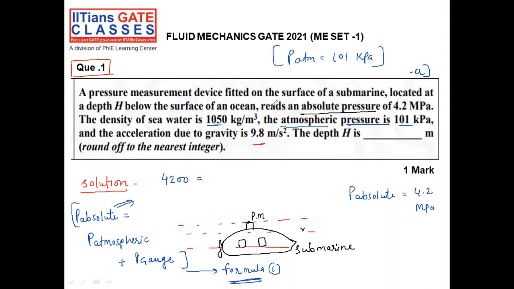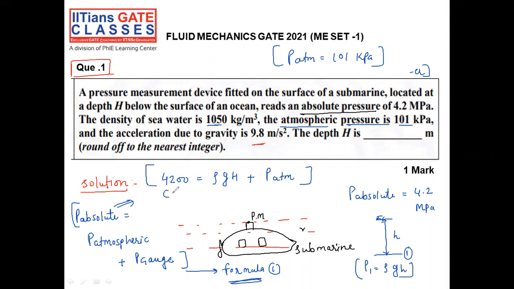Now, we know that the pressure at a depth H, let's say point 1, from the free surface, is given by rho g H, plus atmospheric pressure.